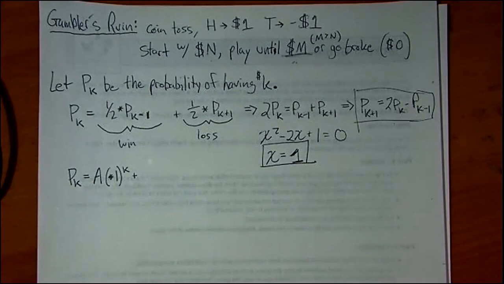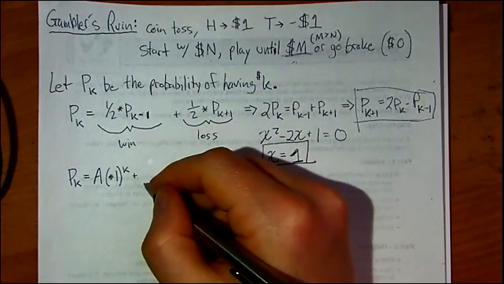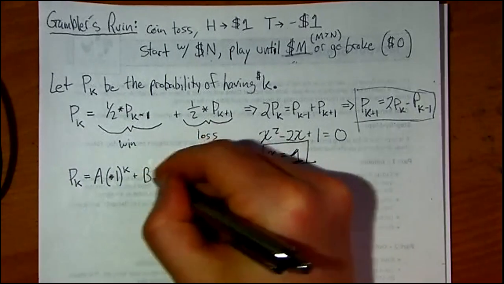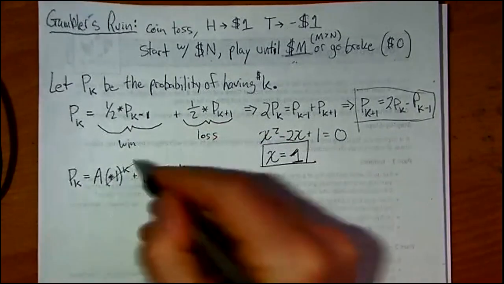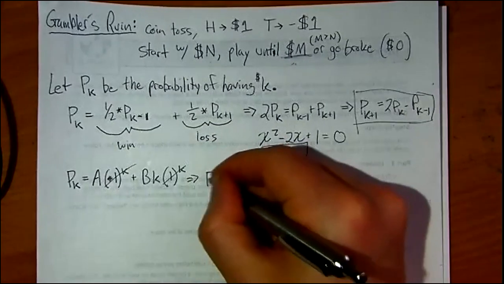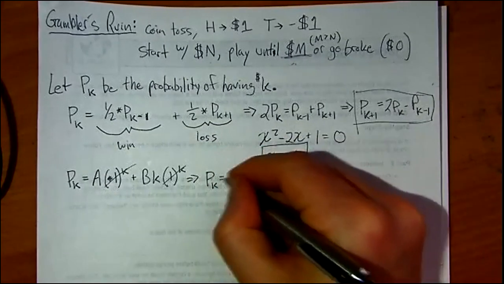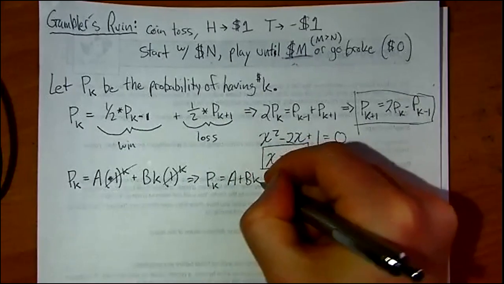Good. I'll throw a different coefficient on there. Yeah, exactly, B, K, 1 to the K. Okay, well, the 1 to the K factors go away. So really what I've got here is P sub K equals A plus BK.